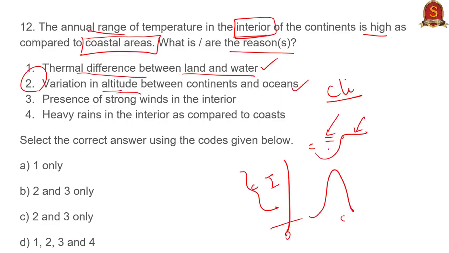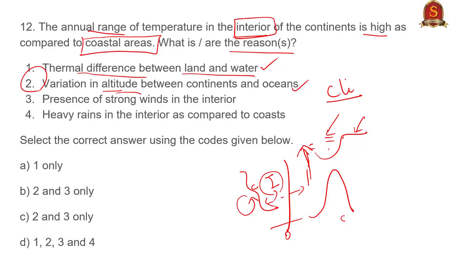Now, the logic on which the statement relies is that when you talk about the interior of continents, you're essentially saying that all parts of the interior will be at a higher altitude when compared to the ocean system. That is the indication which the statement is trying to convey.